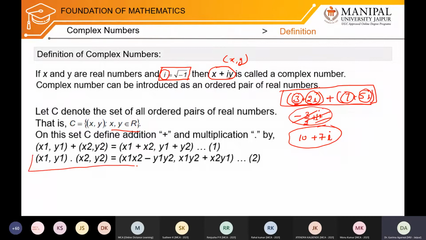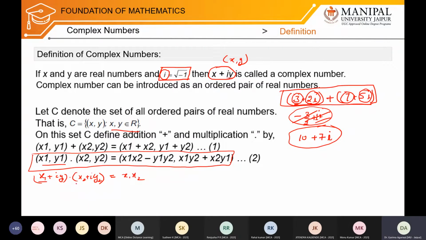This is the formula to multiply two complex numbers. x1 comma y1, meaning x1 plus iota y1, times x2 plus iota y2, right? Which is equal to x1 x2.